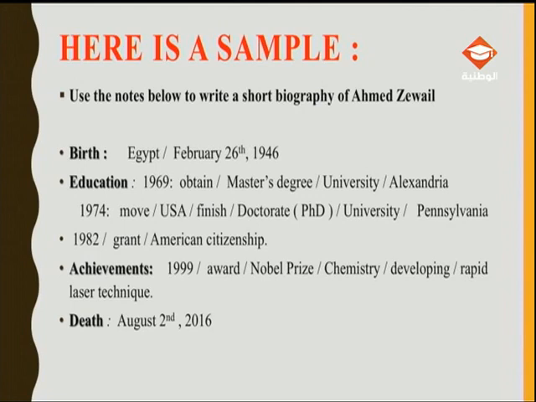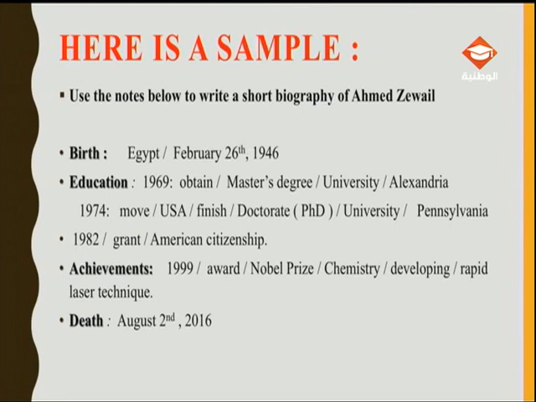So, when we read, we focus on the slashes. Obtain / master's degree, we understand that there is something missing there. When we read the second sentence, for example, 1974, move, USA, the reason, why, the purpose. Finish, doctorate at University Pennsylvania.